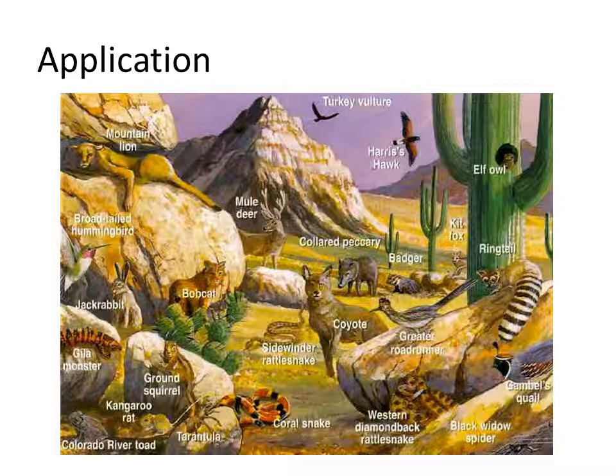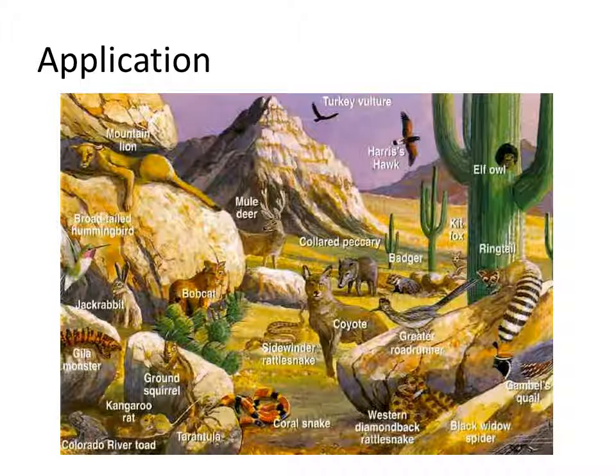It uses the cactus also to get the water from it, and it uses the air around it to get oxygen. So, this is an ecosystem because the elf owl is using the living and the non living things around it. So, it is interacting in the place where it is living.